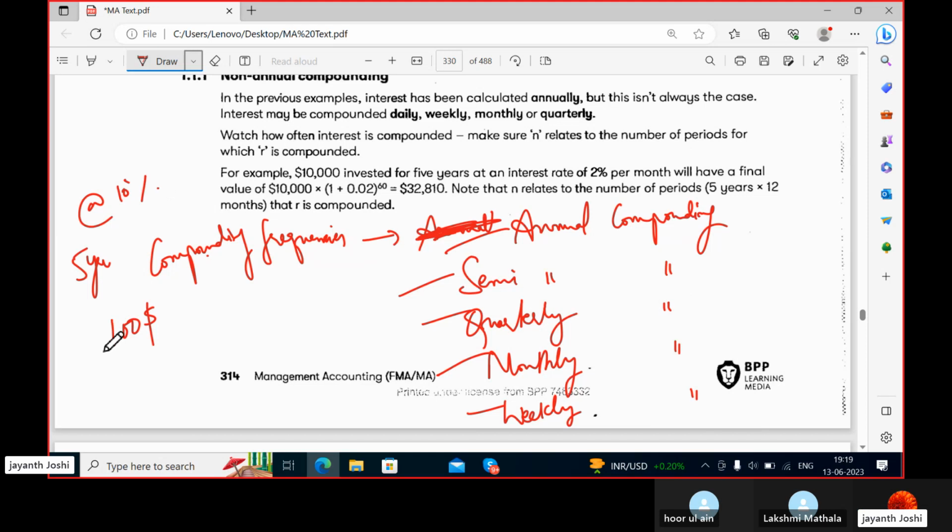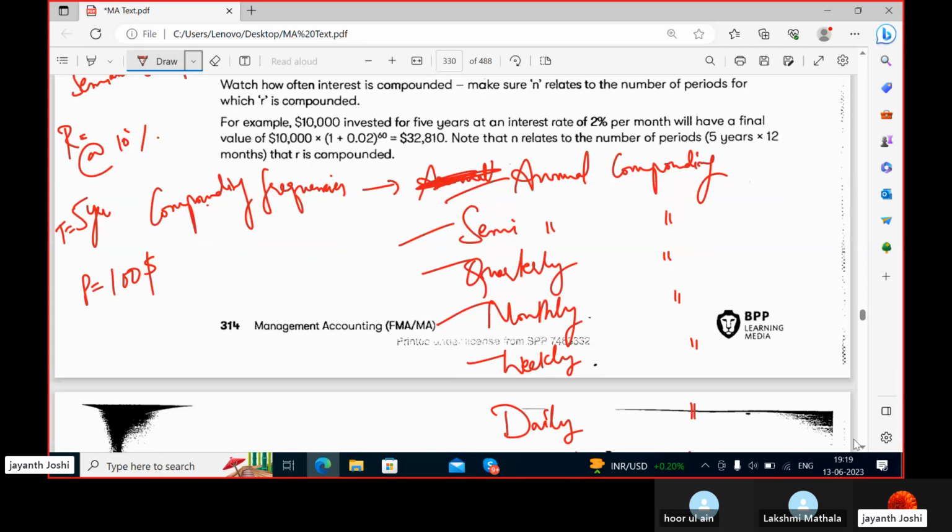So the principal is $100, time is 5 years, rate is 10%, and let's say it's semi-annual compounding. What is that? Semi-annual compounding.